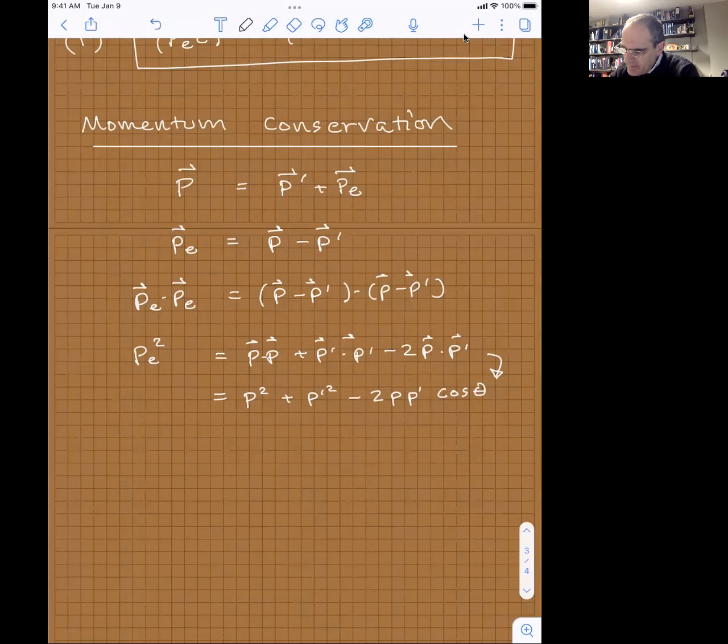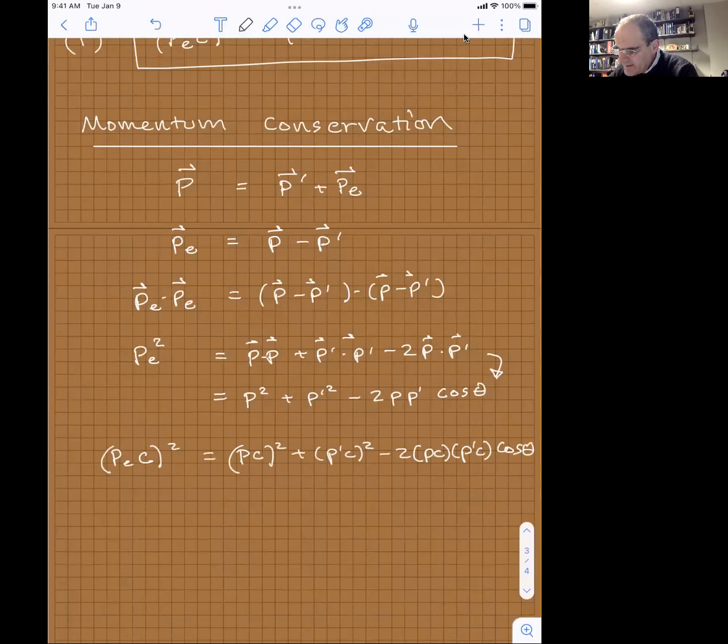Now we're going to multiply both sides by c squared, and we have PE c squared is equal to Pc squared plus P prime c squared minus 2 Pc P prime c times cosine theta.